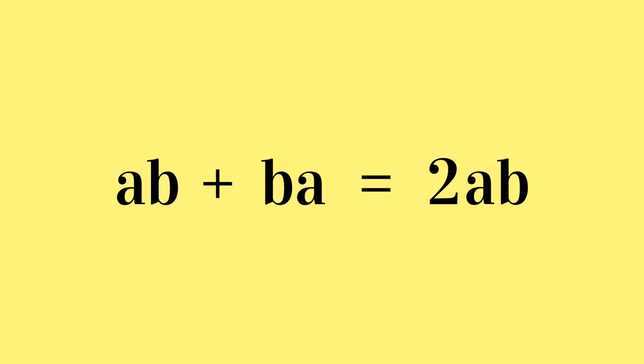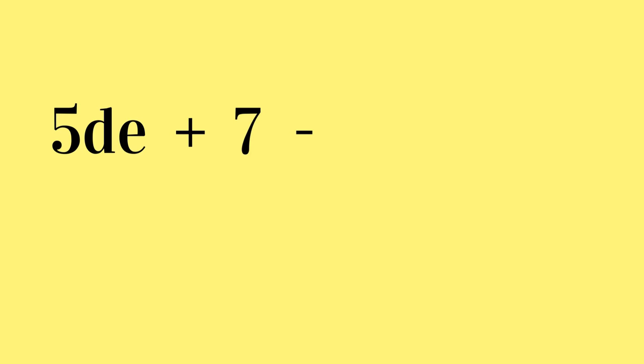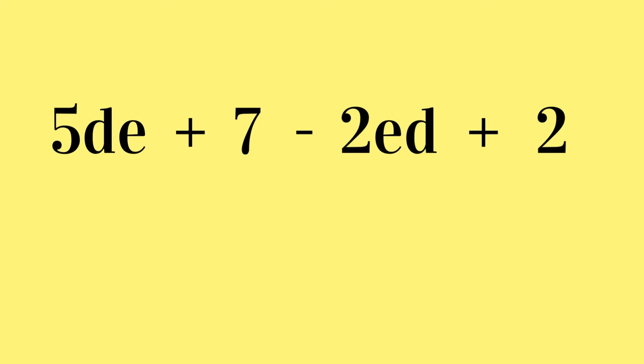Here is another example. If we had 5DE add 7, subtract 2ED, add 2.